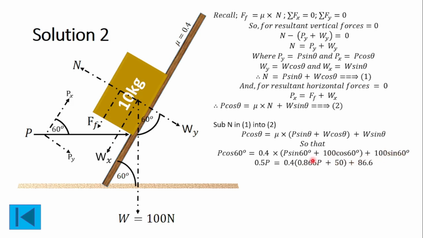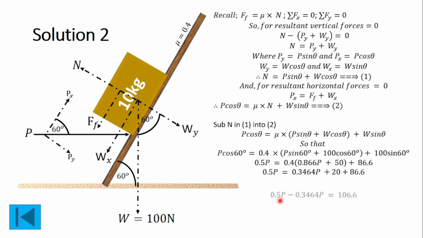Sin 60 is 0.866, so times 100, that will be 86.6. Solving this, you need to expand the bracket too. So 0.5 P equals 0.4 times 0.866 P, which gives us 0.3464 P, plus 0.4 times 50, that's 20, plus 86.6.